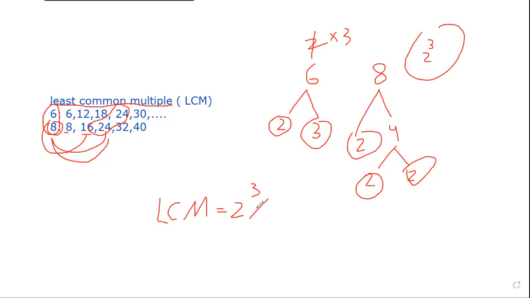Then in the LCM, we need to take the non-common as well. So the non-common is 3. So 2 power 3 times 3. 2 power 3 equals 8. 8 times 3 equals 24.